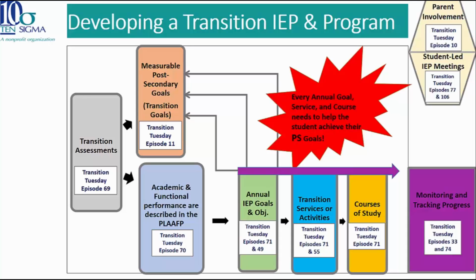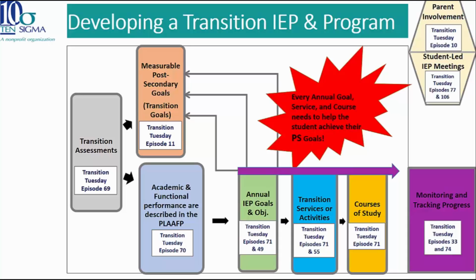Now let's continue moving to the right and look at the annual IEP goals and objectives, transition services or activities, and courses of study. Episode 49 explains 2 ways of writing compliant transition annual goals, and Episode 55 describes what transition services or activities are.